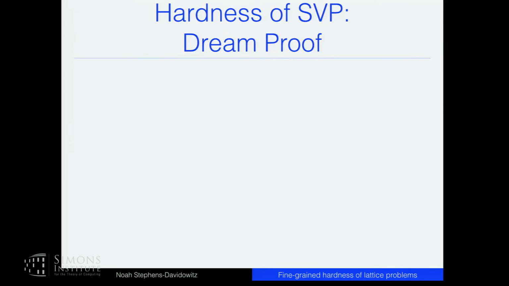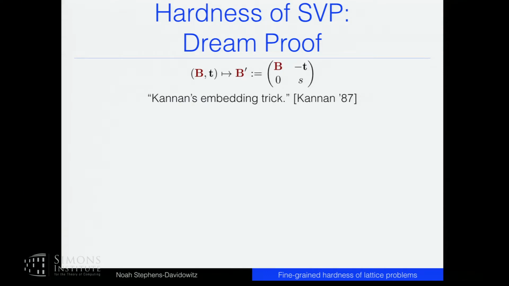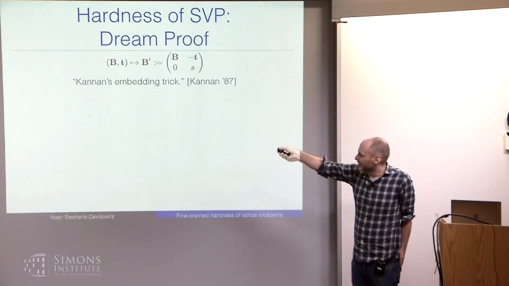So every hardness proof that I know of for SVP, I think of as trying to do the following thing, which doesn't work. So the idea is to use what's known as Kannan's embedding trick, named after Ravi Kannan from 1987. The idea here is, look, I have a matrix and I have a vector.